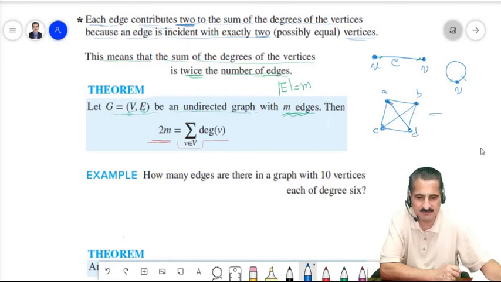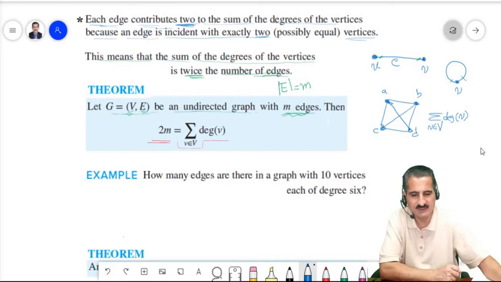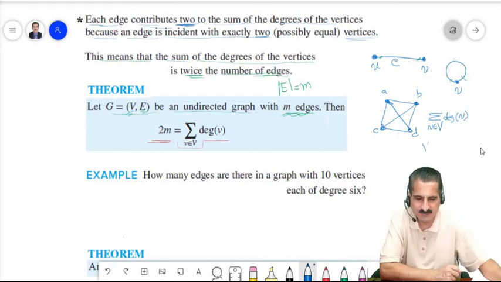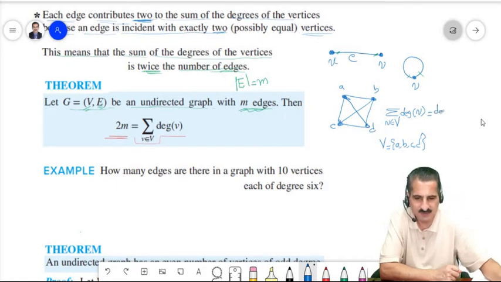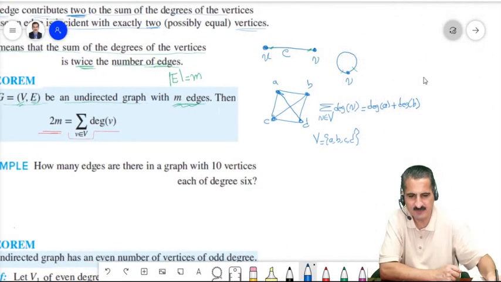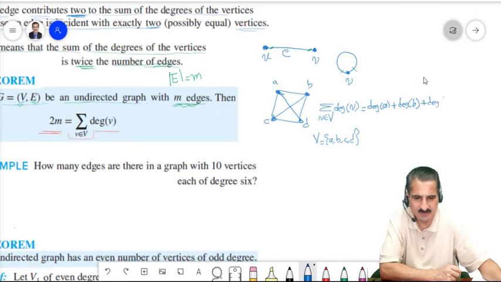So the summation of the degrees of the vertices v, where v belongs to V, here we mean V consists of A, B, C, D. So let me write it clearly in detail: degree of A, degree of B, degree of C, plus degree of D, which equals 3 plus 3 plus 3 plus 3, which equals 12.